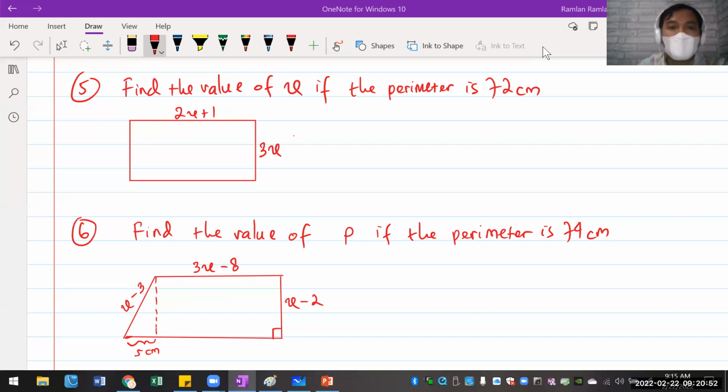The perimeter will be equal to adding all of the sides, and because we know that the perimeter is 72, this is going to be equal to 72.